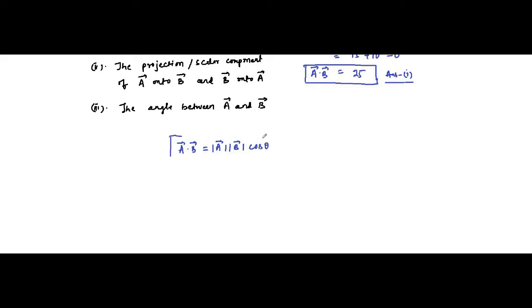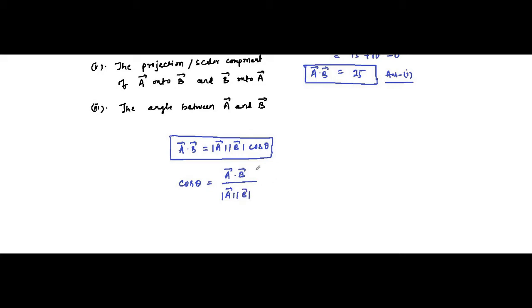This is the basic expression of dot product. So here cos theta can be expressed as a vector dot b vector divided by a vector modulus b vector modulus.